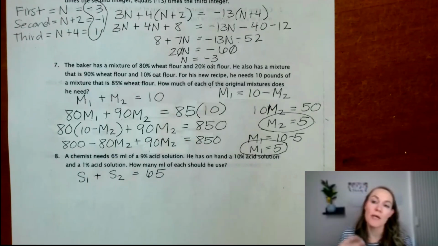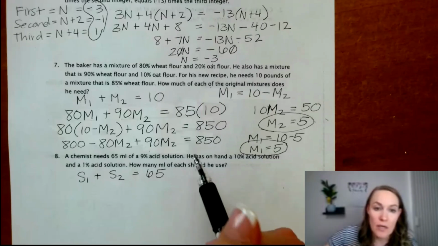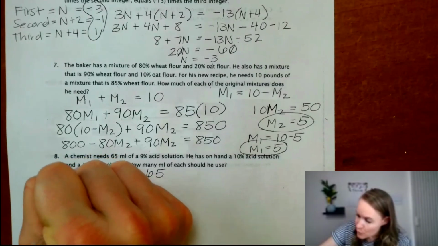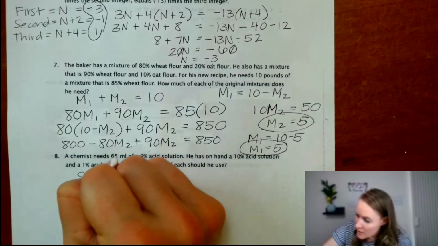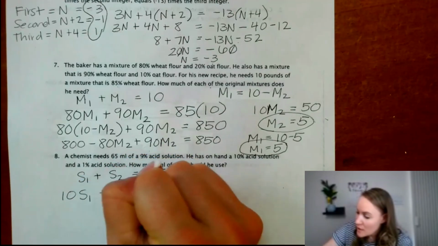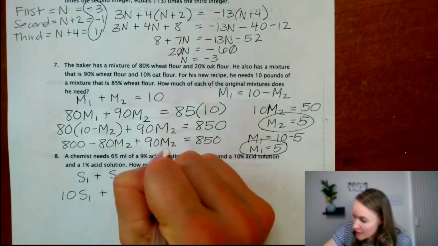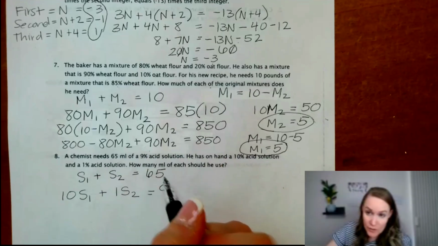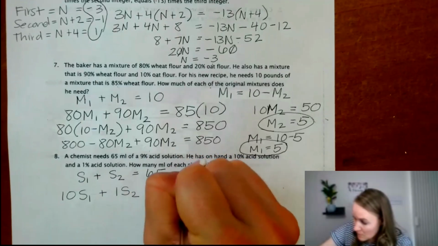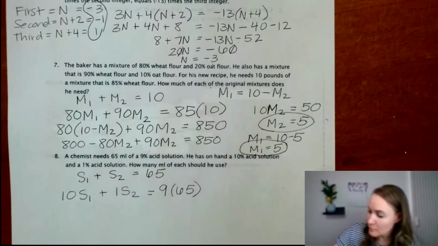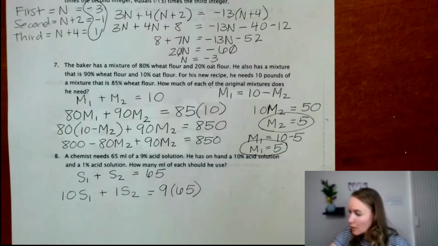Then I need to make sure that I put in the right percentage amounts of the solution. So solution 1 is 10%. So 10 of solution 1 plus 1, and remember, you don't have to write the 1, but 1 of solution 2 should equal 9% of the 65 milliliter solution. Okay, that looks good.